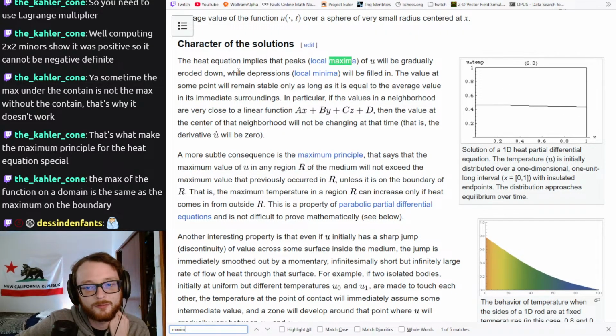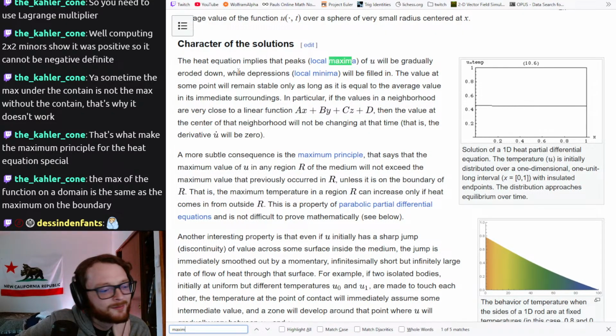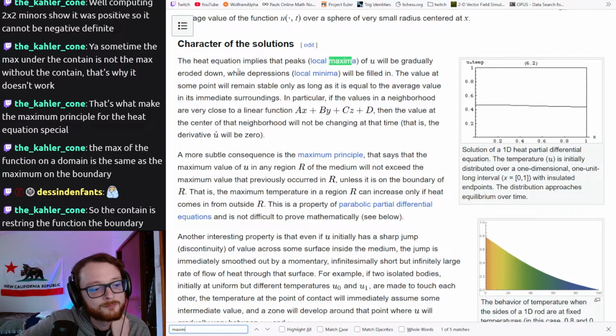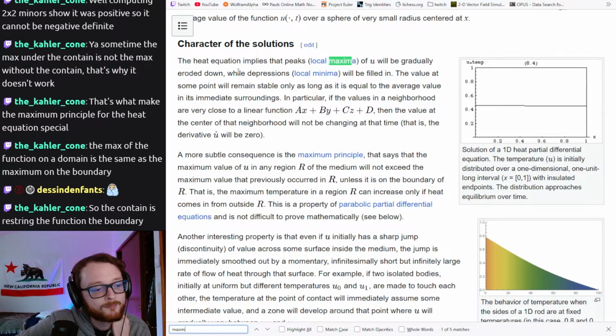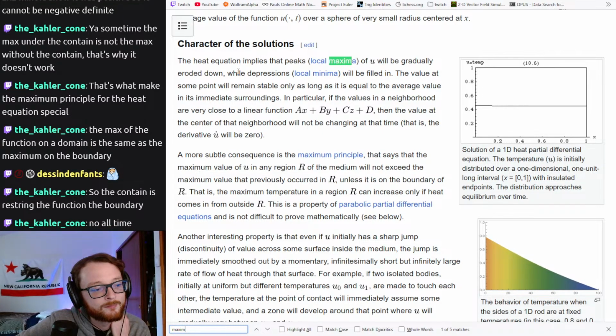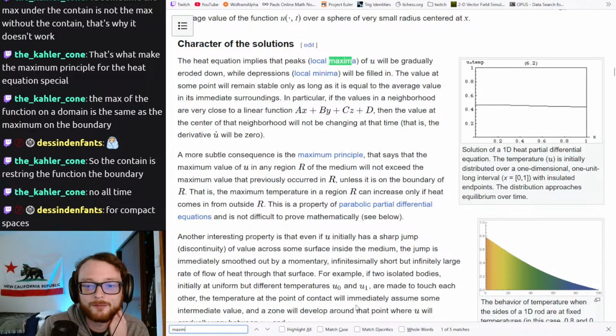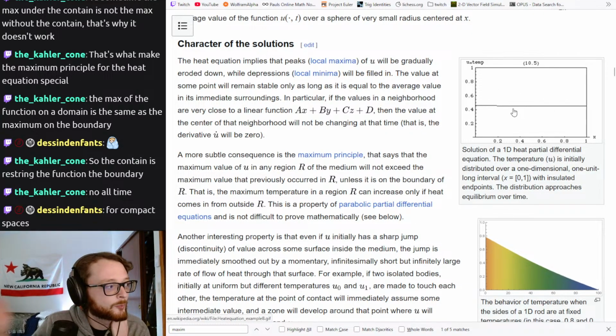Like, after a long enough time? But you can have, like if it starts out with a bump, the bump will flatten out.